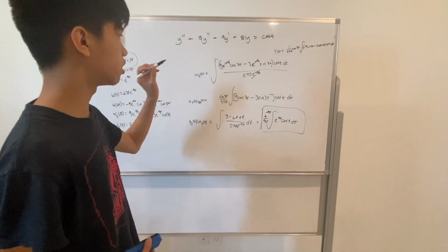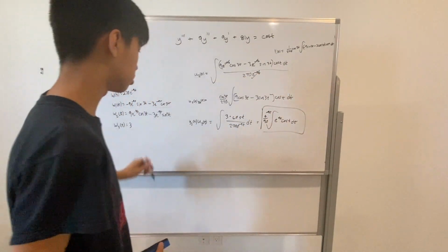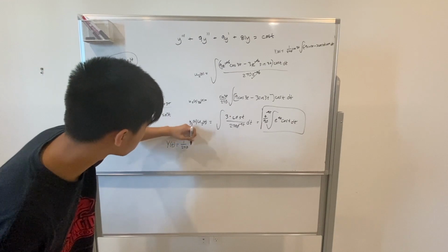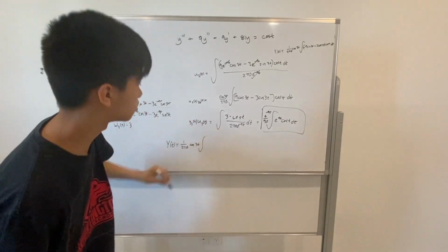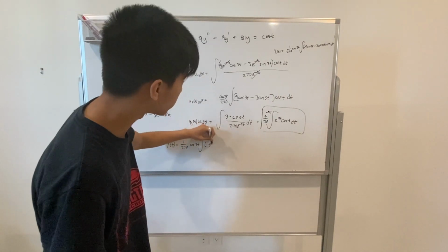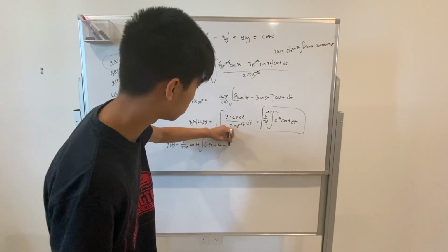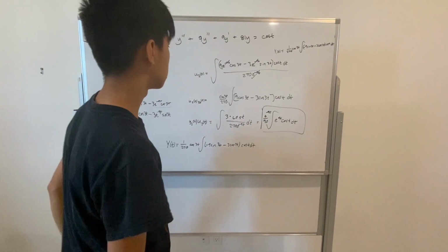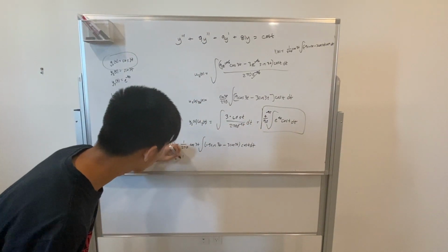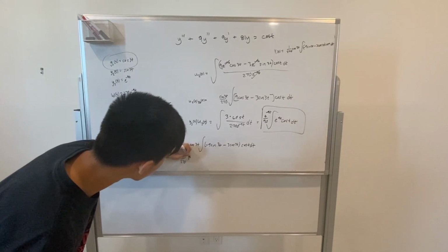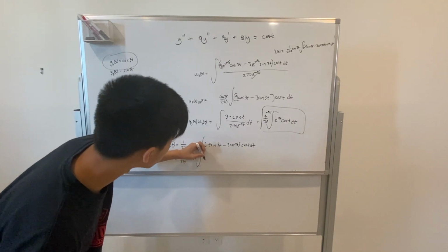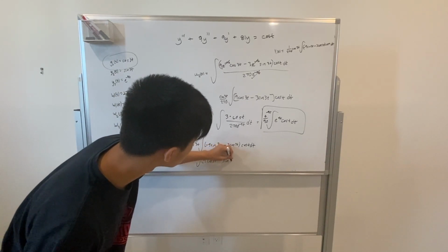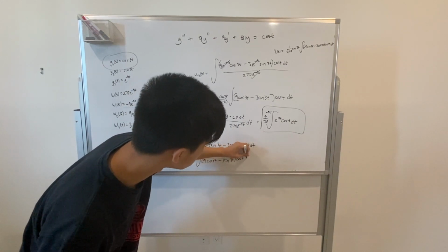So if we add this, that, and that up, we would get big Y of t equals 1 over 270 cosine of 3t times the integral of negative sine 3t minus 3 cosine of 3t, cosine of t dt, plus 1 over 270 sine of 3t times the integral of 9 cosine 3t minus 3 sine of 3t, cosine of t dt.